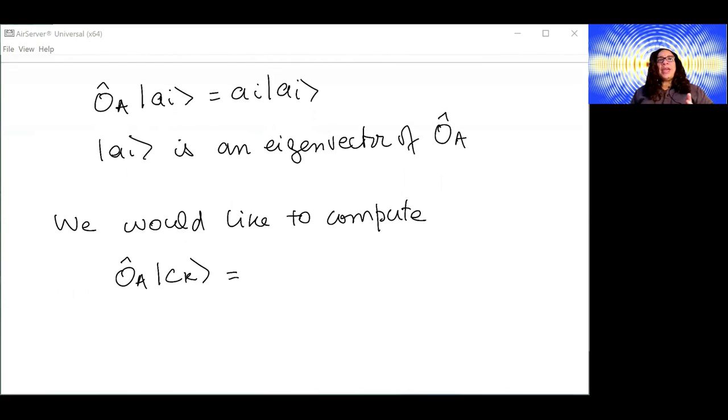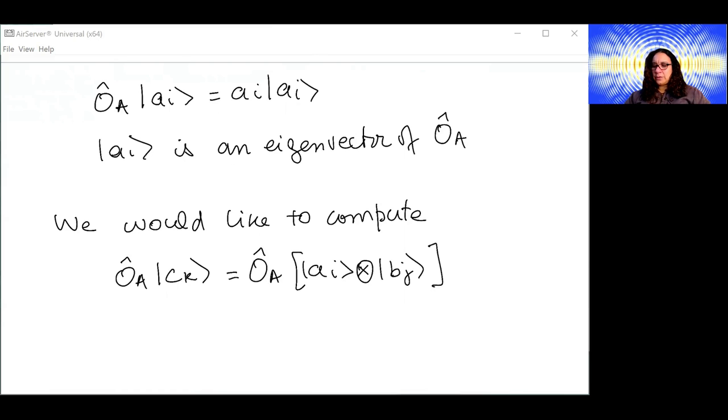I mean, this OA is something that acts upon this subspace A, onto these vectors of the subspace A. And when you do that, you get OA acting on AI tensor product BJ.